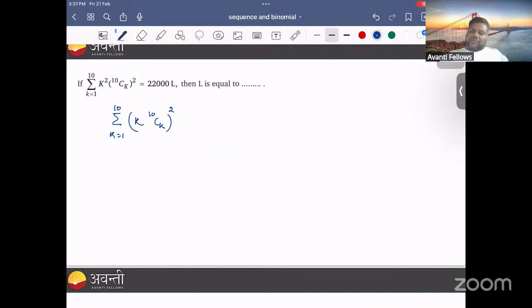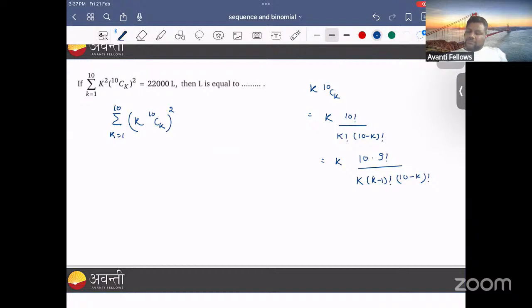First of all, in rough, I will solve this. K times 10Ck. So it is k into 10 factorial upon k factorial into 10 minus k factorial. Understood? Now this is k times. This one I can write 10 into 9 factorial upon k into k minus 1 factorial into 10 minus k factorial.